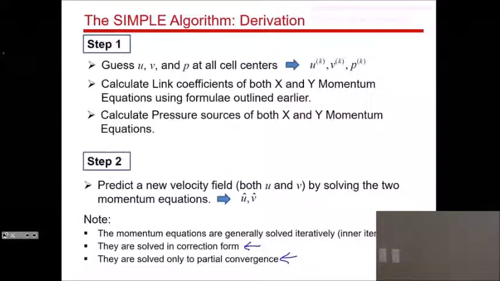I have to come back and say, hey man, come on, move. So solving one equation to machine accuracy doesn't help. You all want to work in unison. That's why we solve them to partial convergence. What exactly do we mean by partial convergence, and how much convergence? Those are details we'll talk about down the road.